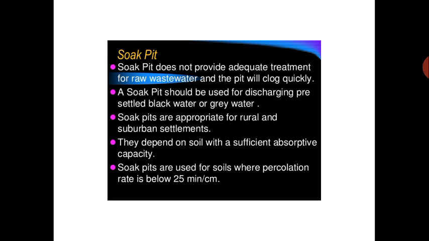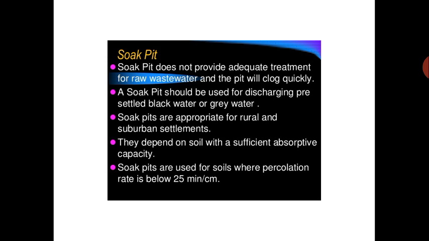A soak pit should be used for discharging pre-settled black water or gray water. Whatever sludge is there is going to settle in the sludge zone in the septic tank, and only the top portion of the water, either gray water or black water, is treated in the septic tank.